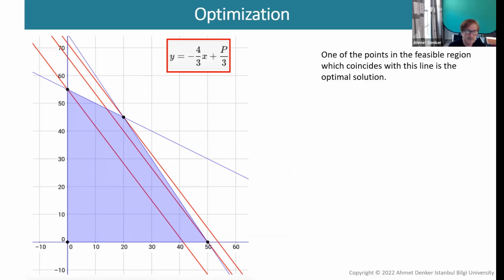By looking at this graph, we can see that this should be the optimal solution, since it gives the largest y-intercept.